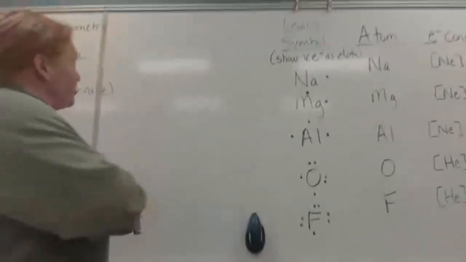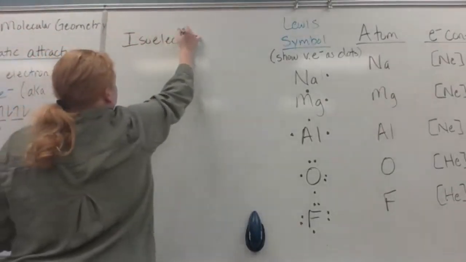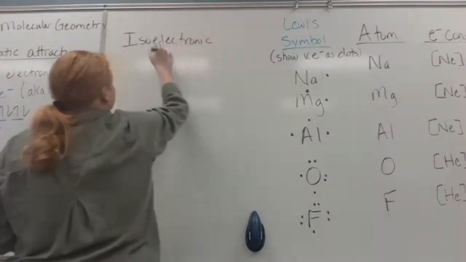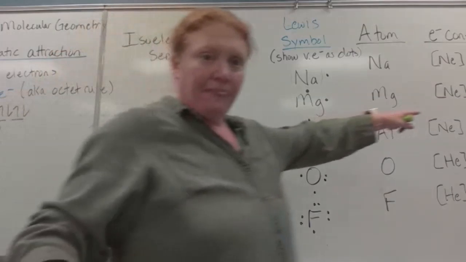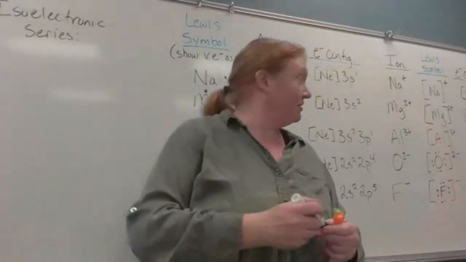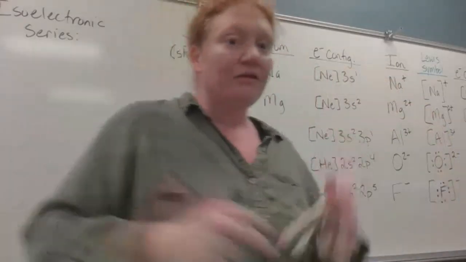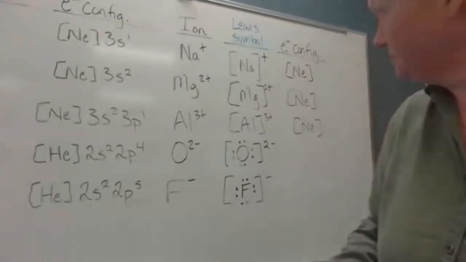So in this isoelectronic series, all of these ions, sodium ion, the magnesium, all of them have the same valence, same electron configuration.